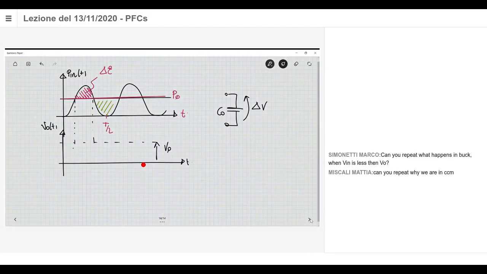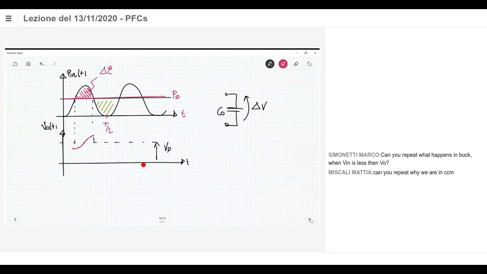Let me change the color. During this time interval, the voltage increases due to the excess of energy provided to the C naught capacitor. In this time interval in which the C naught capacitor releases this energy, the voltage across it reduces. So you have something like this.